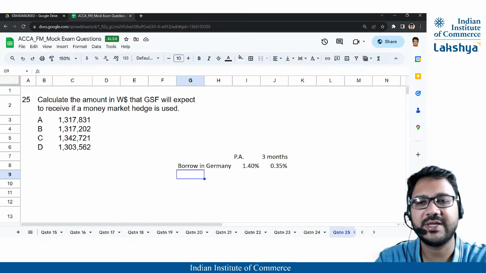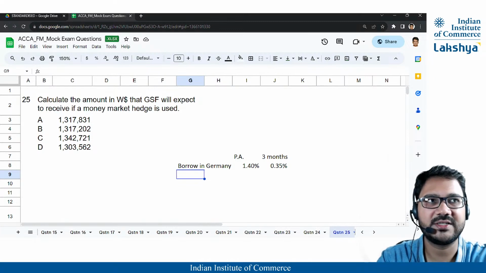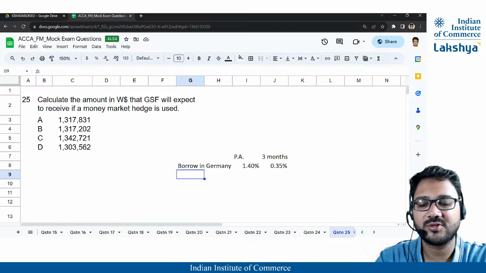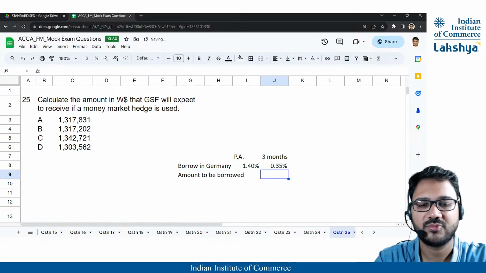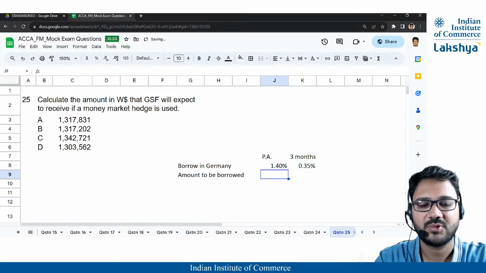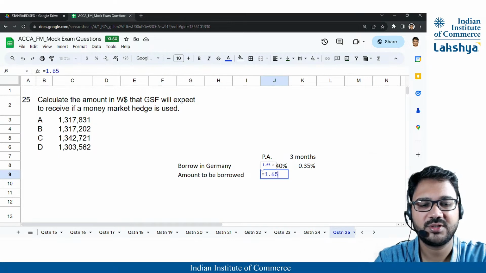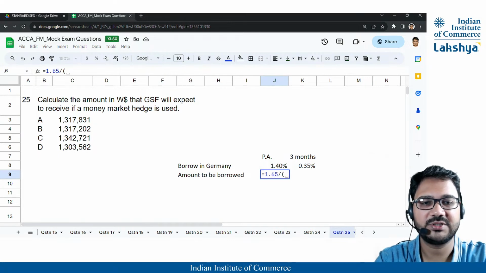Now, how much amount do we need to borrow? We have the future value and we need the present value, so it's like a discounting. So the amount to be borrowed, in present value terms, is equal to 1.65 million euros divided by 1 plus r raised to n.